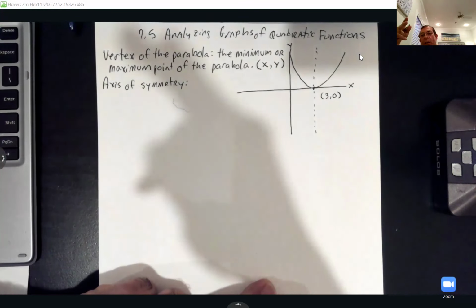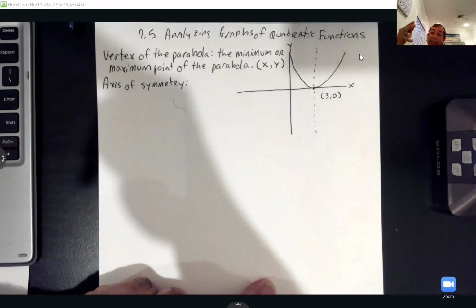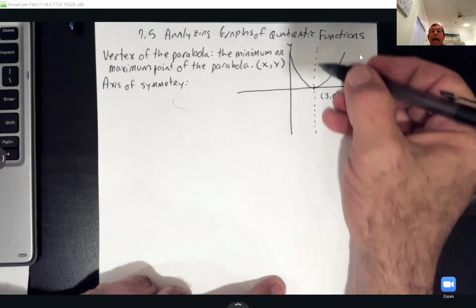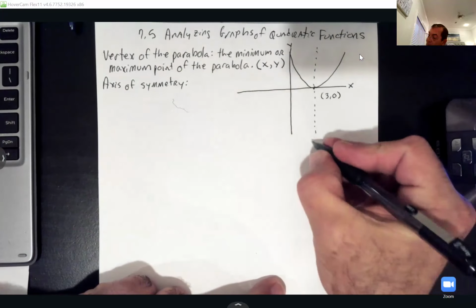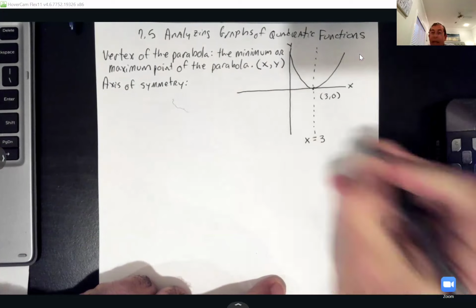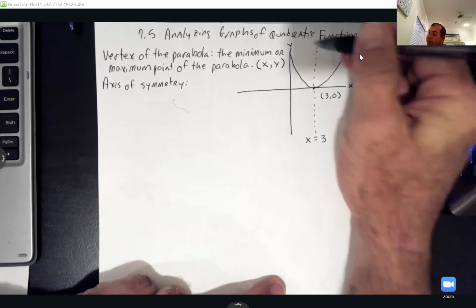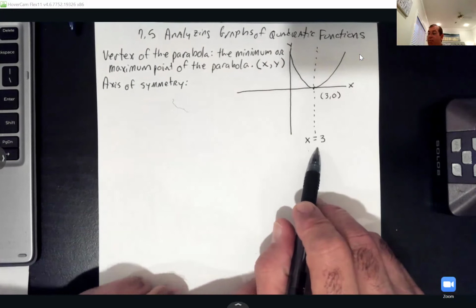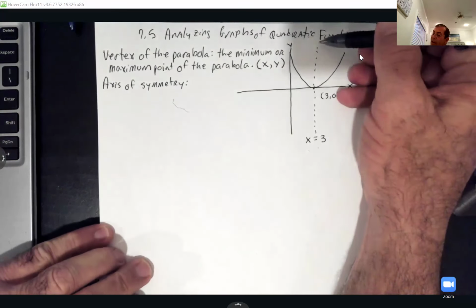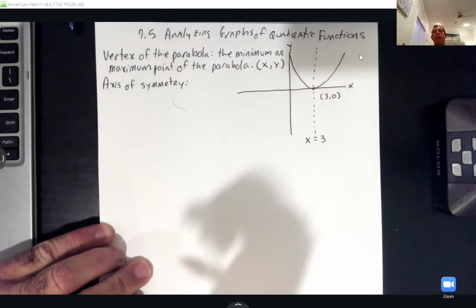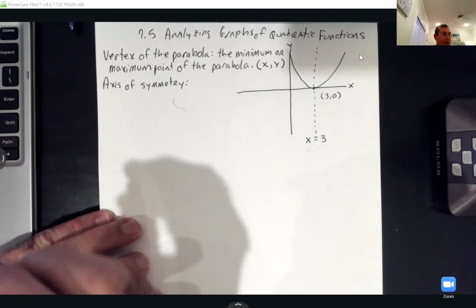Just like when we were looking at symmetry to the y-axis. Well, this is now symmetric to this line that I drew here. And that line would have the equation of x equals 3. Remember, vertical lines are the lines we got from the x values last chapter. So if I made that imaginary vertical line, it cuts the parabola in half.